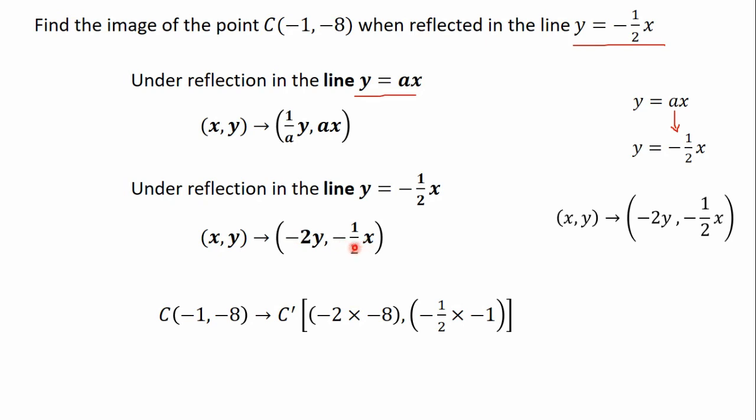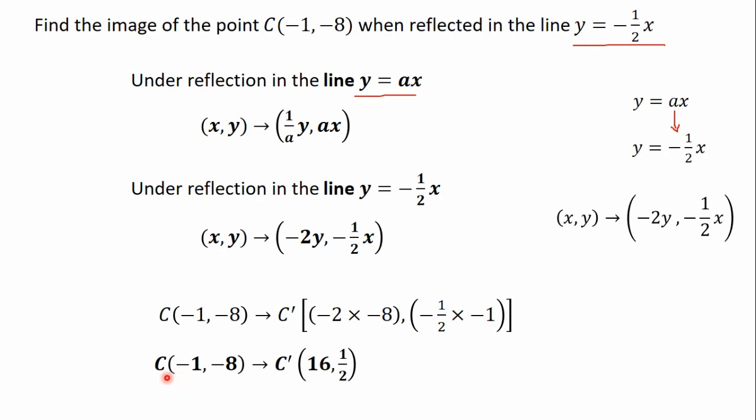The y coordinate of the image is minus 1 divided by 2x. The x here is the x coordinate of the point, which is minus 1. So we have minus 1 divided by 2, or minus half, times minus 1. Minus 2 times minus 8 will give us 16. Minus half times minus 1 will give us half.